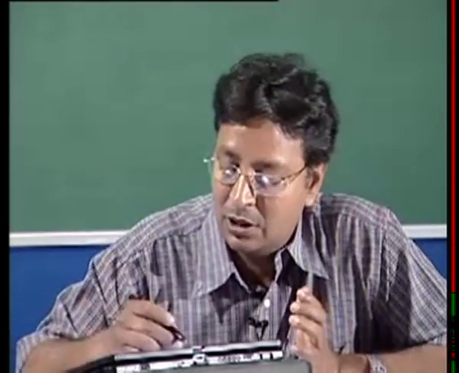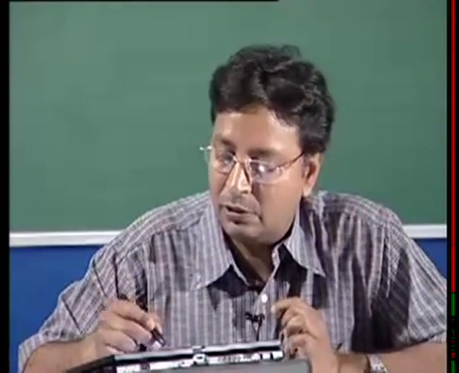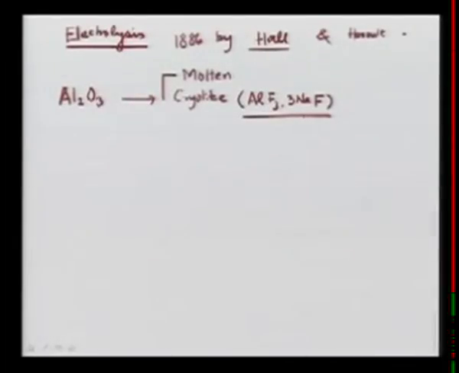The interesting part is that the Al2O3 can be melted at about 940 degrees Celsius, and then in this molten cryolite the Al2O3 can be dissolved, and we can run what we call the electrolysis.